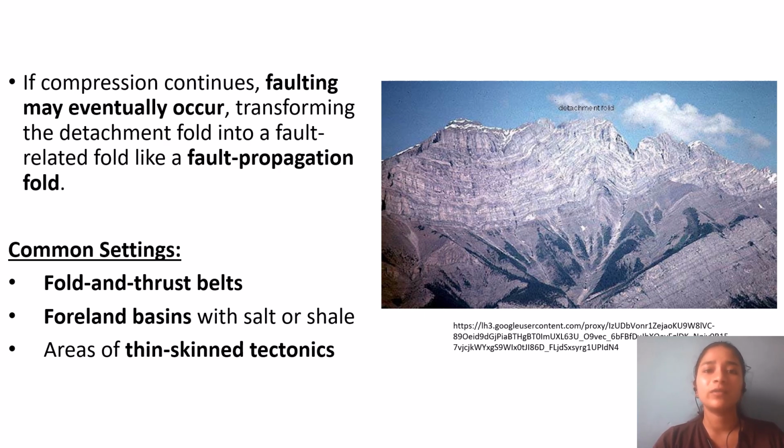These structures commonly occur in fold and thrust belts and foreland basins, with ductile layers like salt, clay or shale, and in regions with thin-skin tectonics where only the upper crust is deformed. On the right, we see a real-world example of a detachment fold, the curved layers showing how compression has deformed the rock above a weak layer.